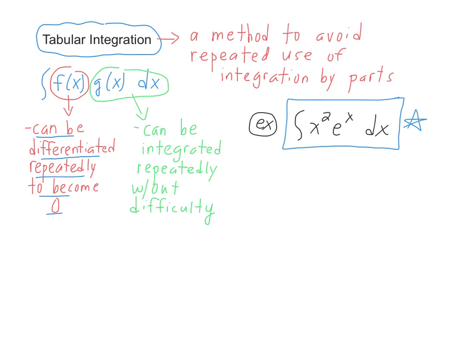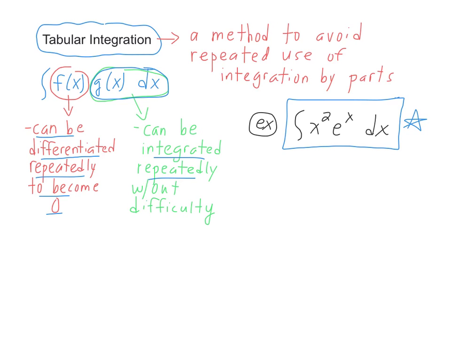The derivative of that would become just 2, and then after that it would become 0. So if that leading function, f of x, will eventually go to 0 after you repeatedly take derivatives, then that's the first requirement. And then the second requirement is that this g of x dx, or think of it as what we called dv before, can be integrated repeatedly without difficulty.